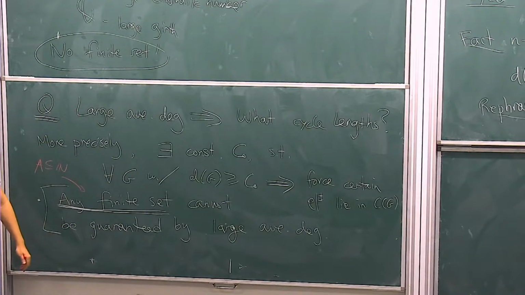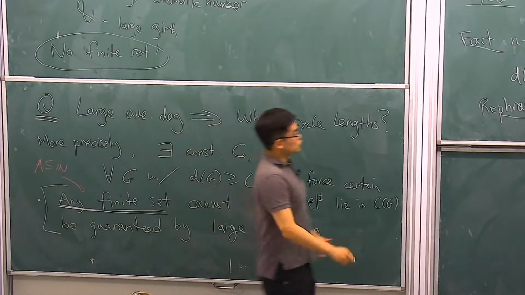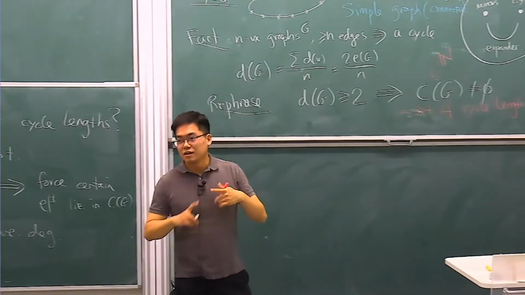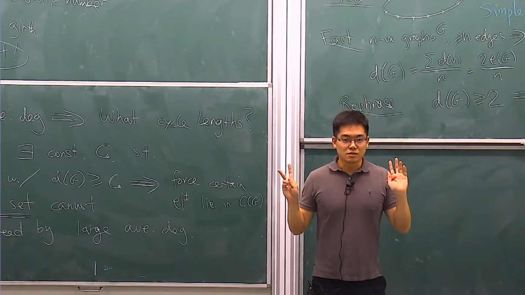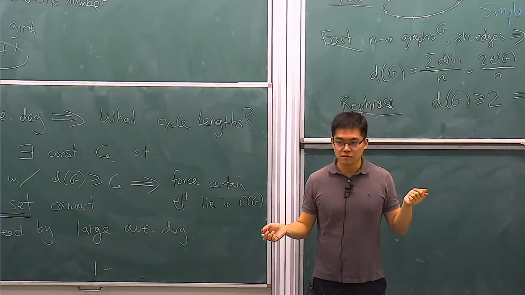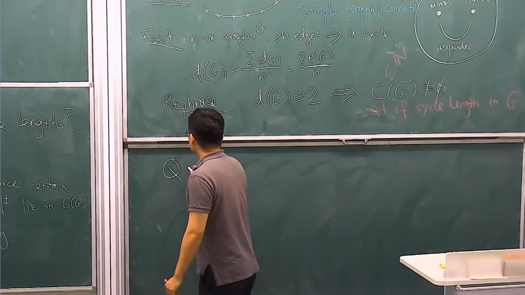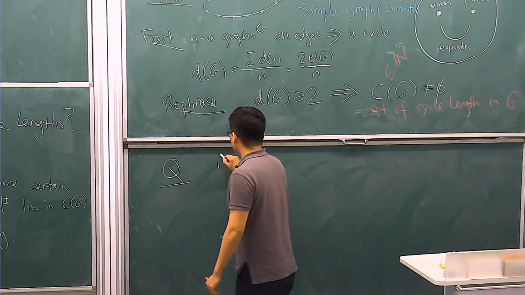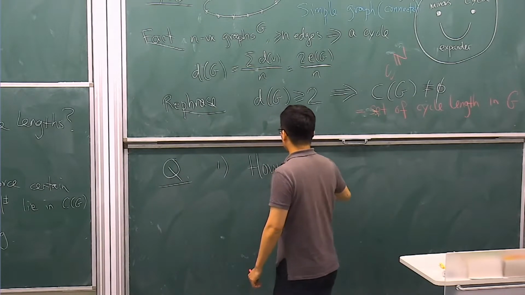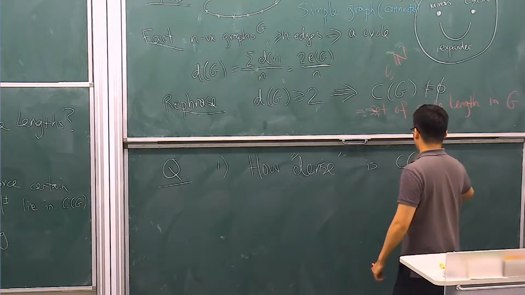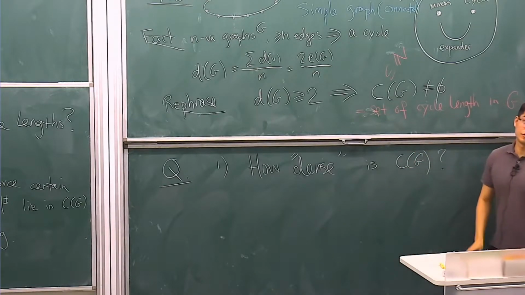Now what lies in front of us, two natural directions suggest themselves. What are the two natural questions now? If we cannot guarantee any finite set, can we say anything about the density, defined in the proper way, of C of G in N, given that its average degree is sufficiently large?